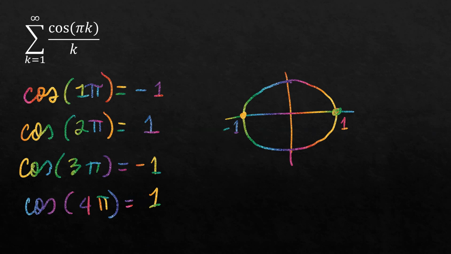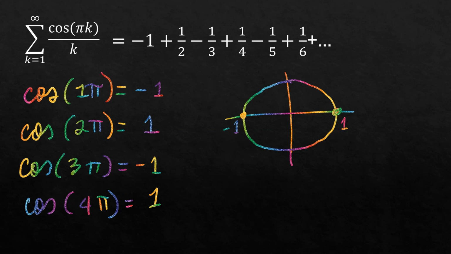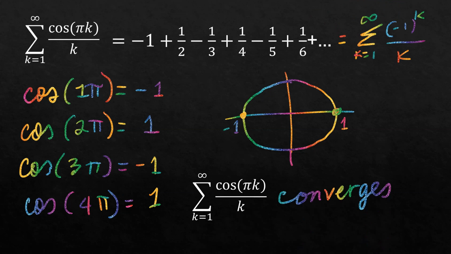So when we write out the series, it will look like this. We're starting with negative 1, plus 1/2, minus 1/3, and so on. And that can be written as the sum from k equals 1 to infinity of (-1)^k over k. And we've seen this before. We can verify that this alternating series actually converges using the alternating series test.